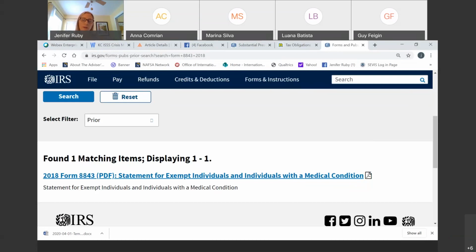Yeah, just the 8843. The 1040-NR-EZ is only for taxable income, like if you had wages from employment or your scholarship applied to room and board, so anything over tuition or qualified fees. I'll give a really simple example.